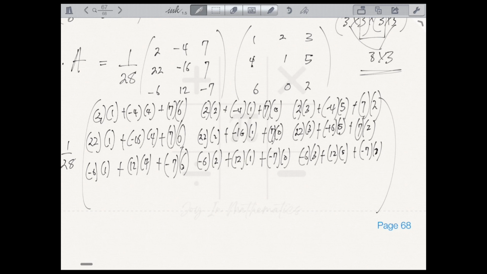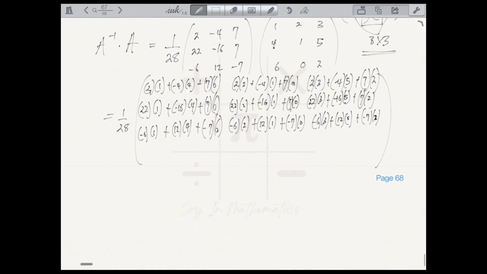So resolving all this together, we have 1 over 28. When we perform all the mathematical operations, here we have 28, 0, 0, 0, 28, 0, and 0, 0, 28.